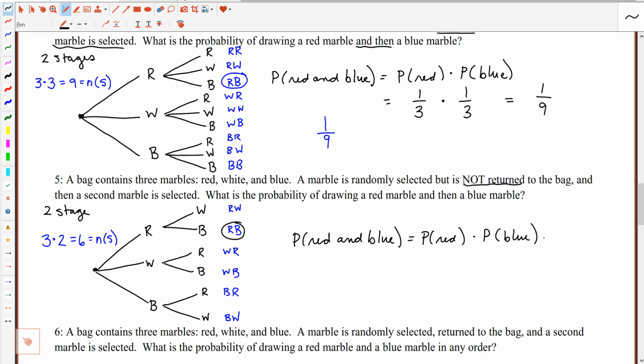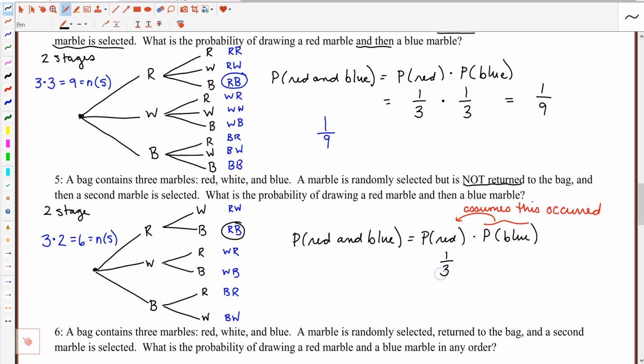Now for this formula, this probability right here is assuming that that first action already occurred. So what that means is on the first action, what's the probability that the marble is red?